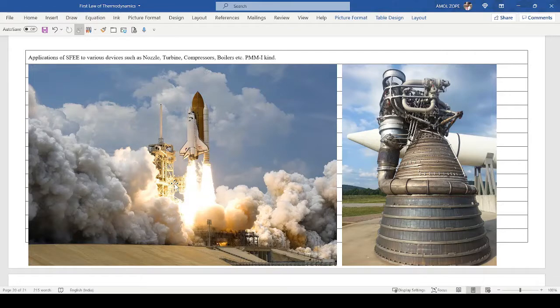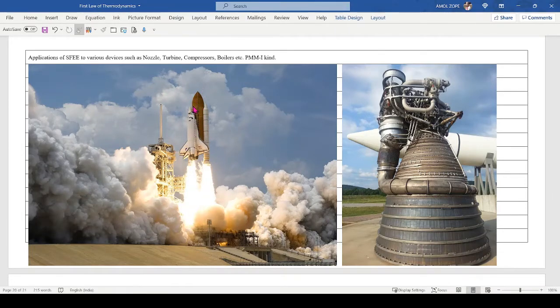So today we will go through some of the applications. Say we have known some applications like this. So there is one rocket.